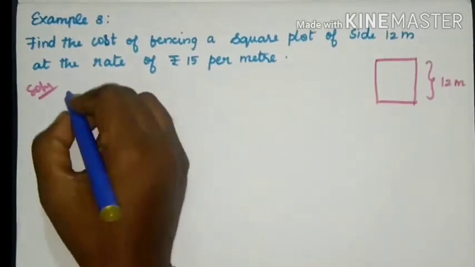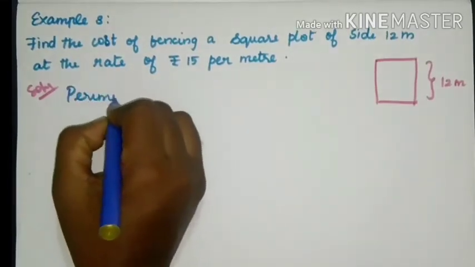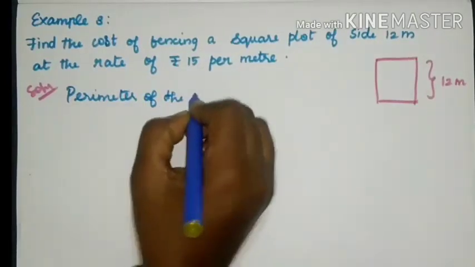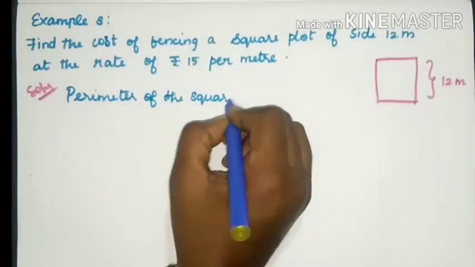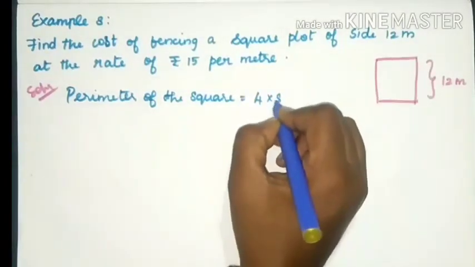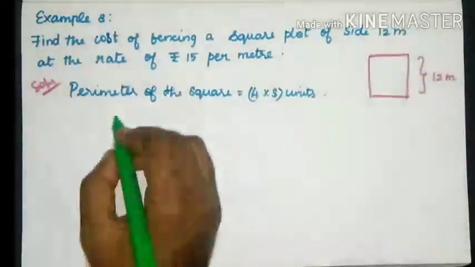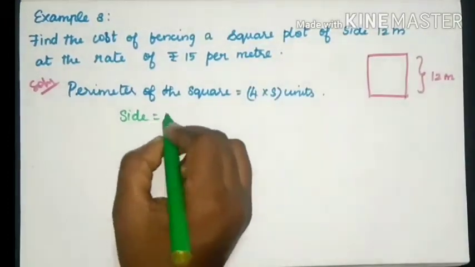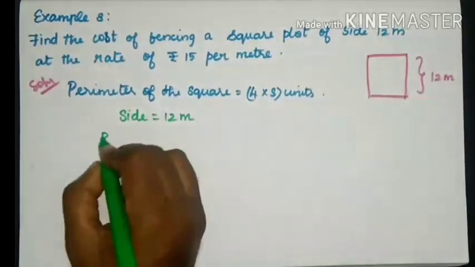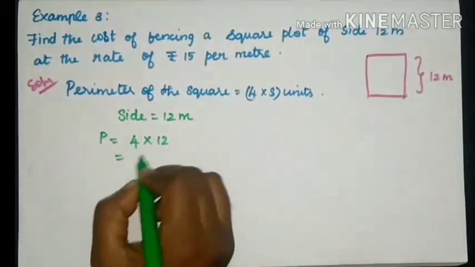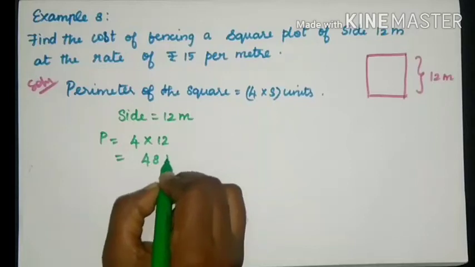See, perimeter of the square is equal to four into S units. In the question, it is already given that side is equal to 12 meter. To find the perimeter, we have to multiply 4 and 12. 4 into 12 is 48 meter.